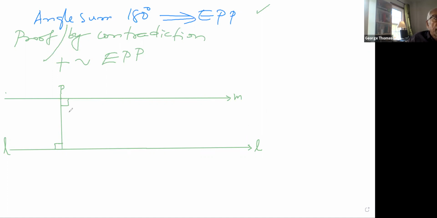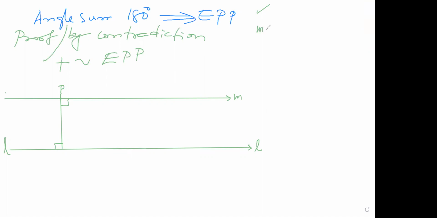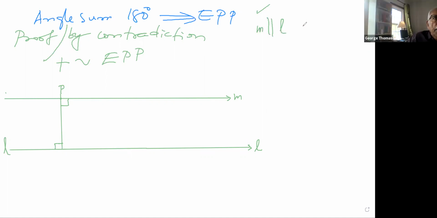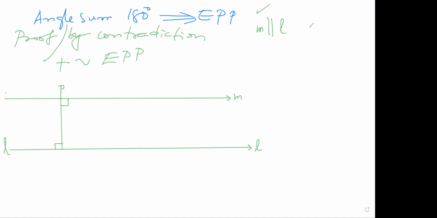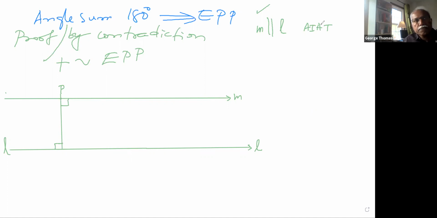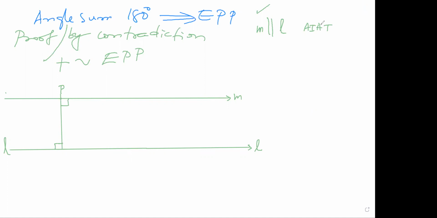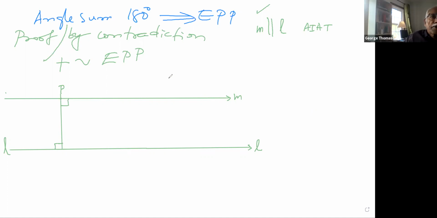Yes. Because of what theorem? What theorem guarantees that M is parallel to L? It is AIAT, not its converse. Exactly. By AIAT, M is parallel to L.